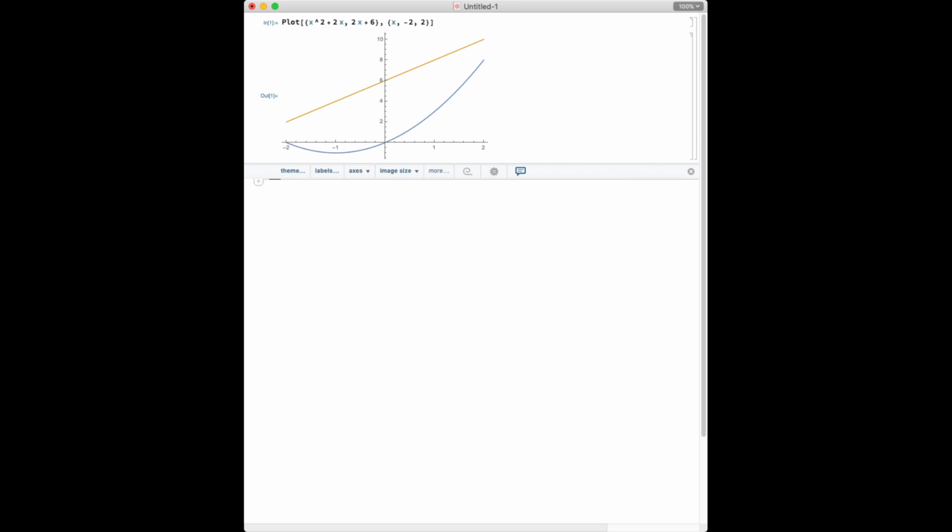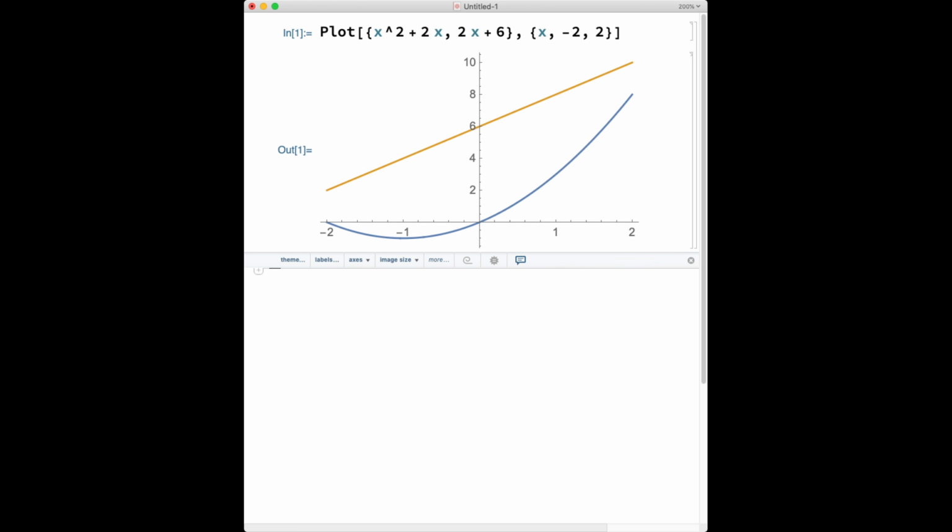Okay, so if I, for example, plot the two functions, x squared plus 2x, and what was the other one, 2x plus 6, and I'm going to graph these from, say, -2 to 2, because that puts 0 right in the middle.